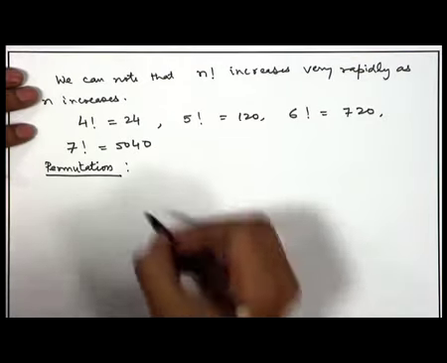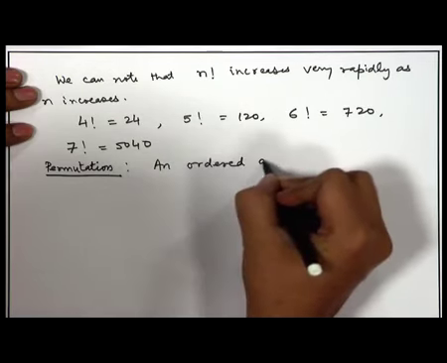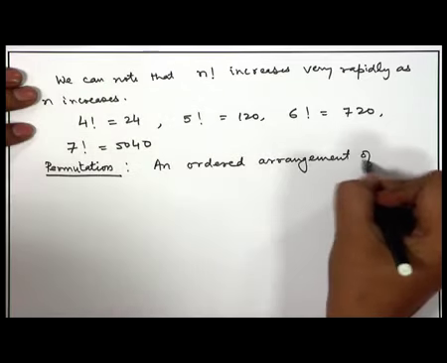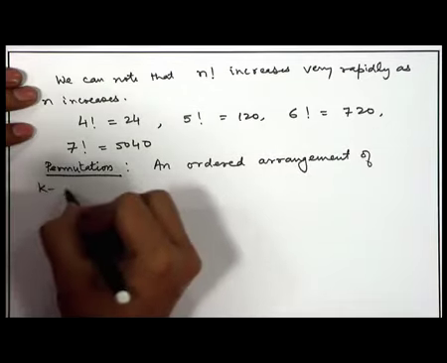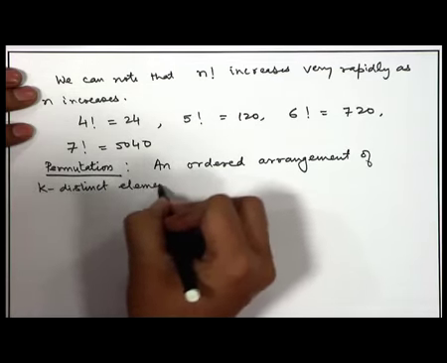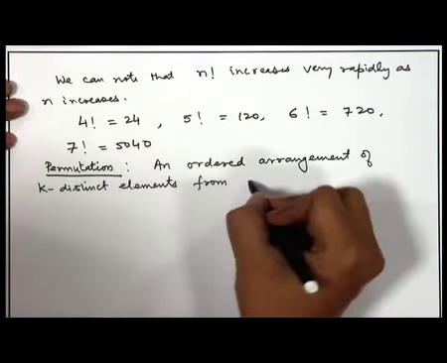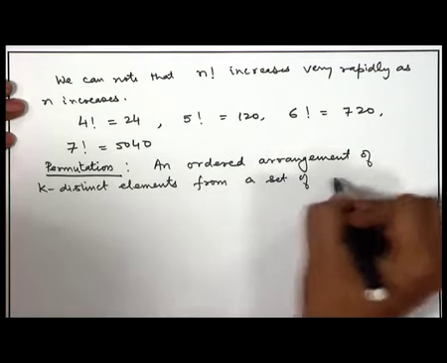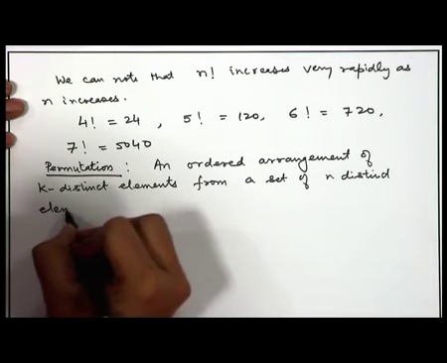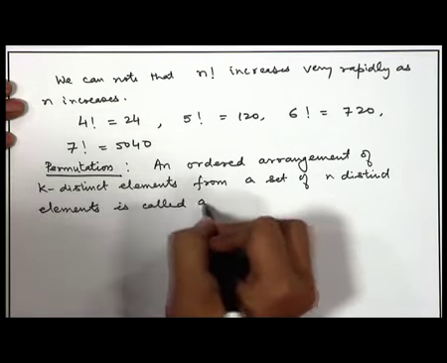So, what is a permutation? An ordered arrangement of k distinct elements from a set of n distinct elements is called a k permutation.